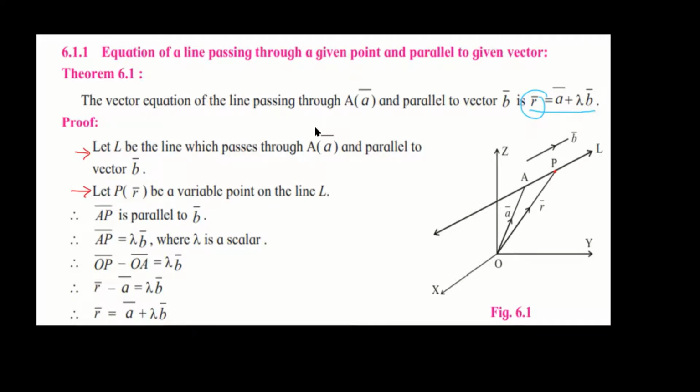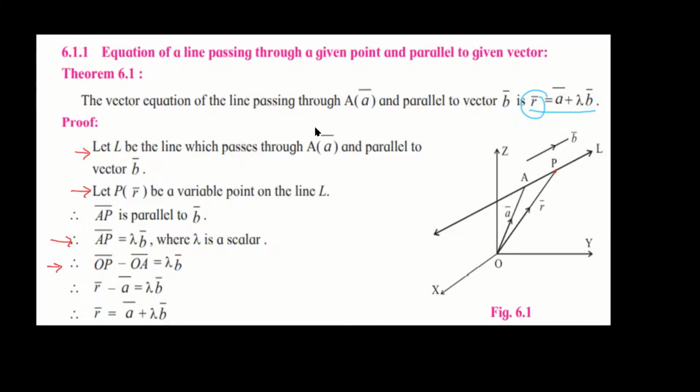You have learnt in the vectors chapter that if two vectors are parallel to each other, they can be related by a scalar. So we have AP bar is equal to lambda B bar, where lambda is the required scalar. Now what is AP bar? In terms of position vectors, we can write AP bar as OP minus OA.